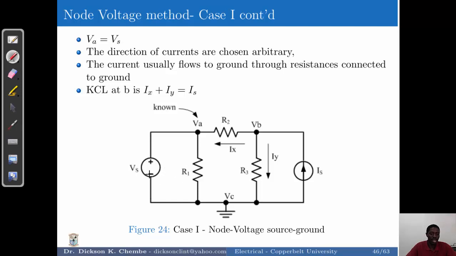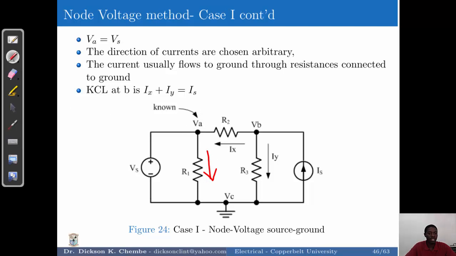The current leaves the voltage source from the positive terminal, so it will enter this node, and we can choose the direction of flow of current to go downwards. But we are not applying this because we know the value of that potential.